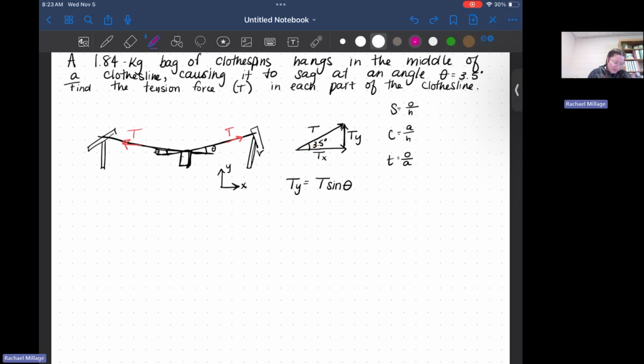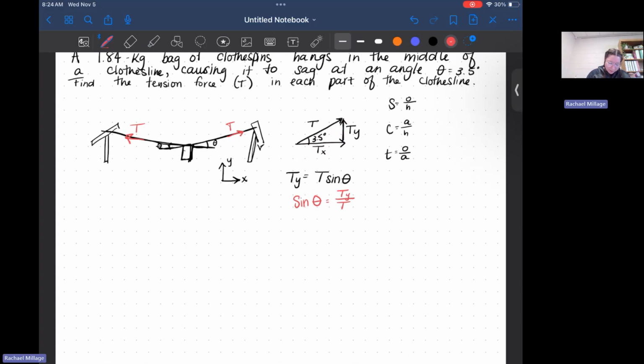So to find Ty, I'm going to choose sine because it has opposite, and we're going to pretend that we know our hypotenuse. So how we got to this Ty equals T sine theta is I said that sine of theta equals Ty divided by T, and then I multiplied both sides by T to get T sine theta equals T sub y. That's how we hopped from this triangle to this.